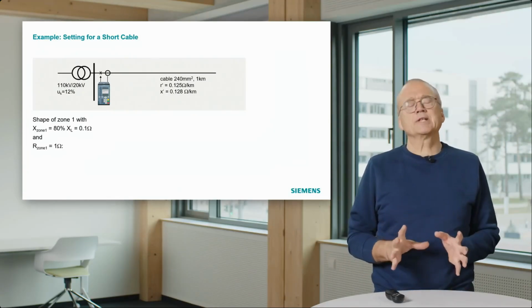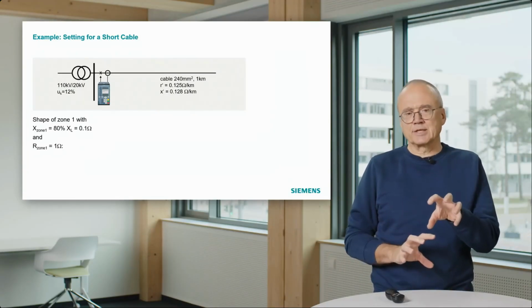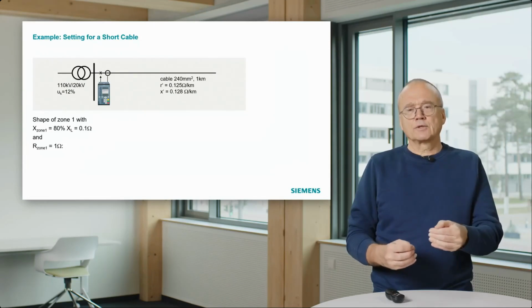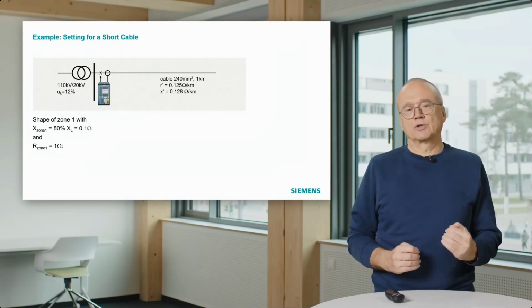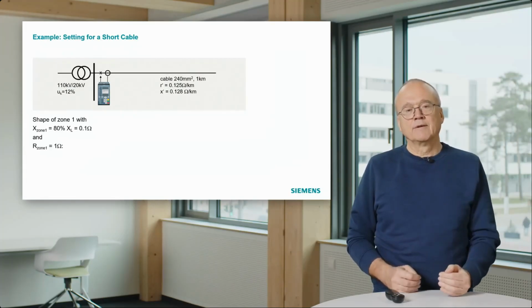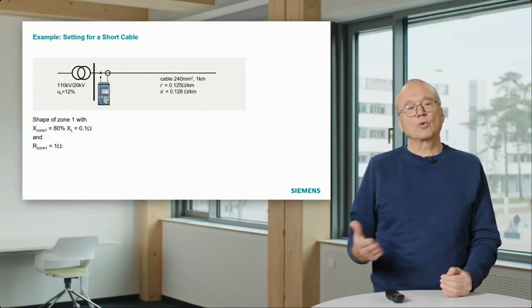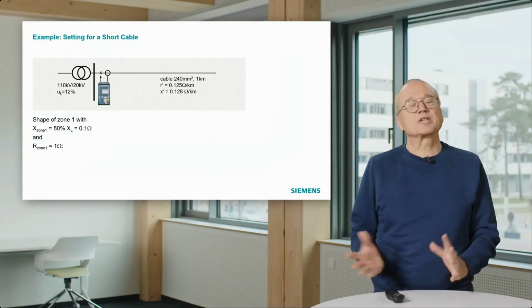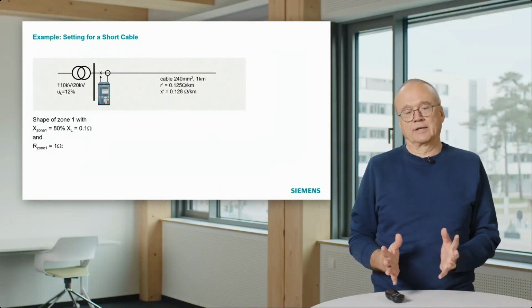What you see in this context is that these 2 settings have a completely different background. The X setting depends on the length of the line, and the R setting depends on the fault resistance we want to catch, which has nothing to do with the length of the line.